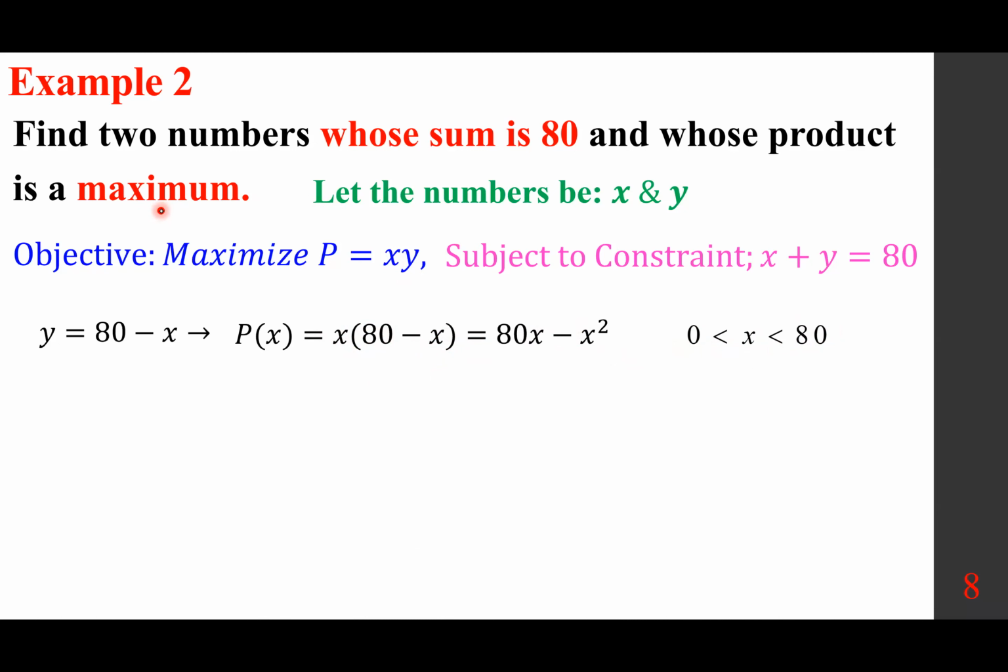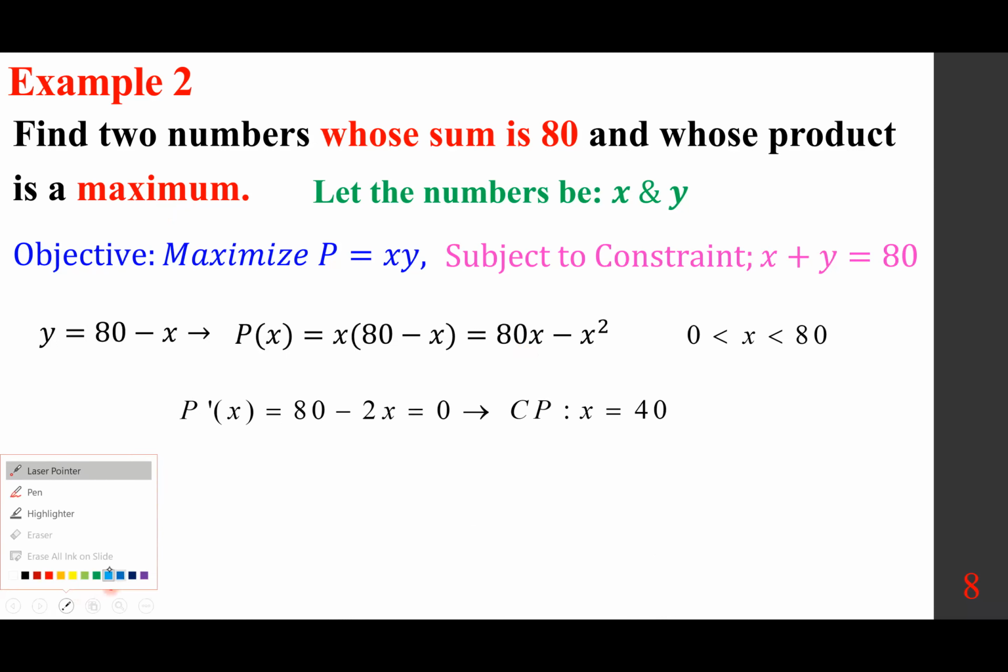Therefore, we are going to take the derivative. P prime is 80 minus 2x. When we set it equal to 0, x is 40. This is the only critical point. We have the open interval of 0 to 80, so instead of the first derivative test, I'm going to do the second derivative test.